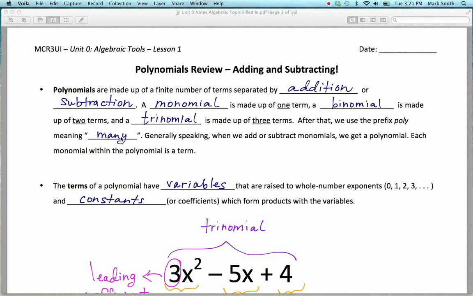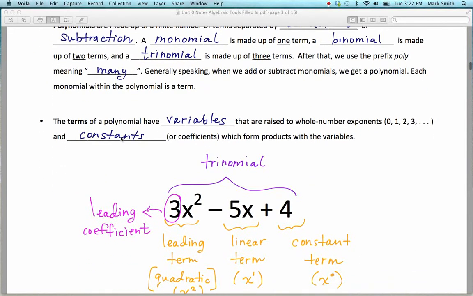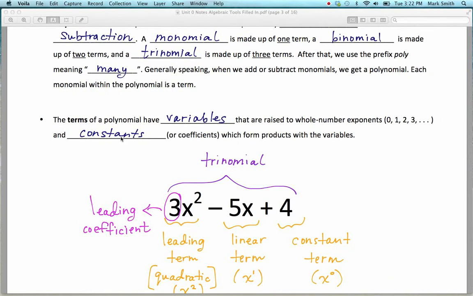Generally speaking, when we add or subtract monomials, we create a polynomial, and each monomial within the polynomial becomes a term in and of itself. The terms themselves, so let's look at a few definitions here. The terms of a polynomial have variables, so x, y, z, that are raised to whole number exponents, 0, 1, 2, 3, and so on. So the exponents can't be negative and can't be fractions.